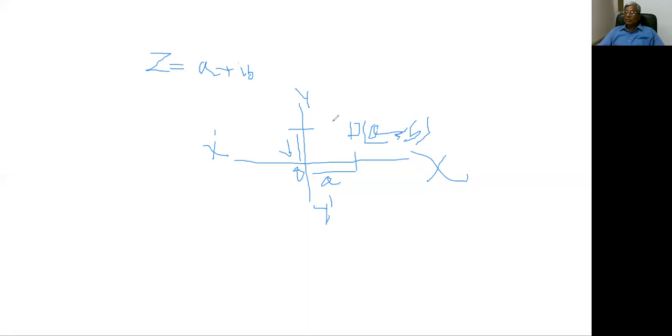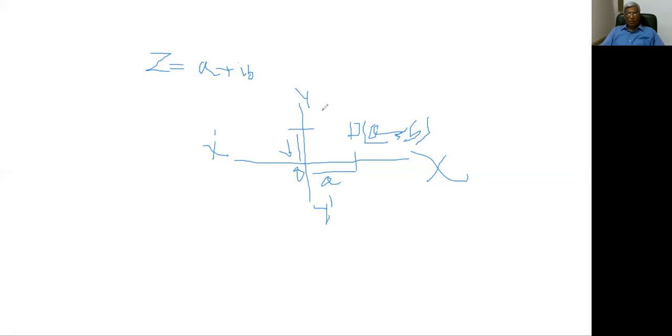Now, this is the justification that a complex number is also a number, because like the real number system and other digits, a plus iota b, an algebraic complex number, may also be represented on the Argand diagram.